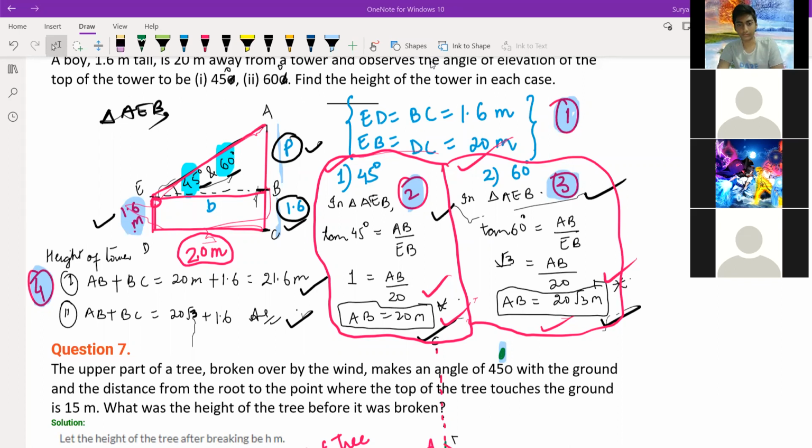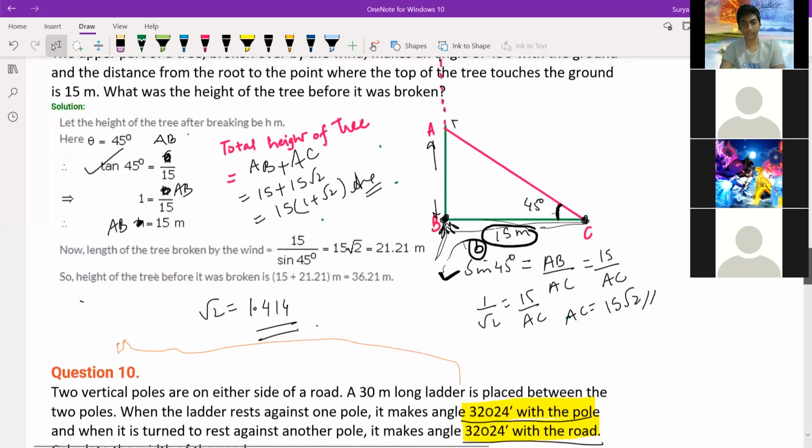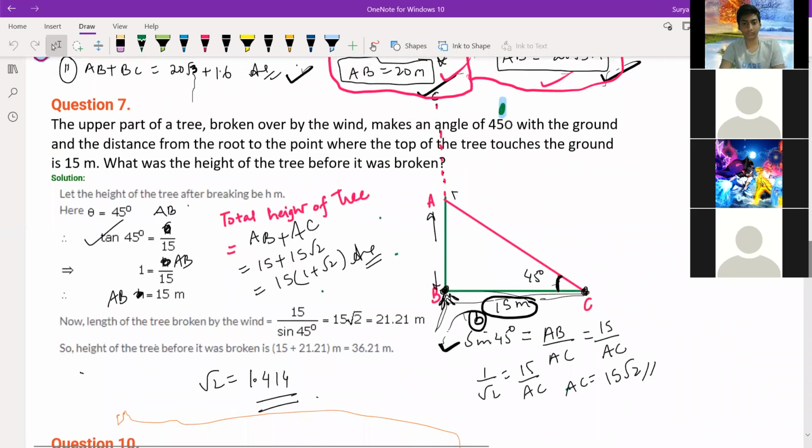So 15 into 1.414, 22.5 plus 15, you are getting 37, 38 around. Shreyas? Yes, sir. Okay. Now all of you see, children. So the answer will be here 36.21.